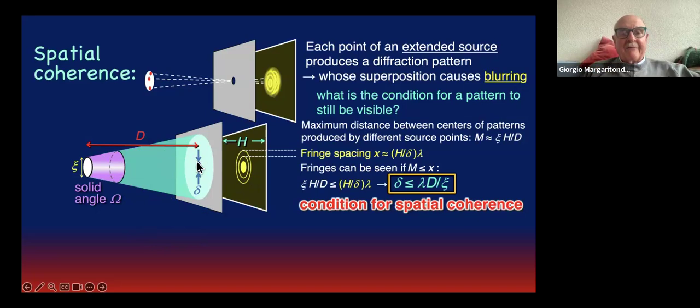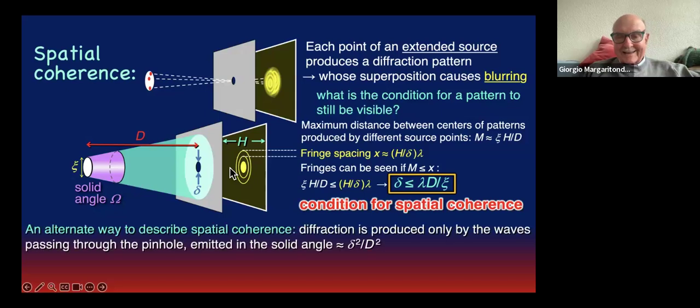So only a fraction of the emission, the fraction that corresponds to this solid angle, can contribute to diffraction. So if you are taking this, then you find that the emission that is going through the pinhole is the emission in the solid angle delta square over d square.